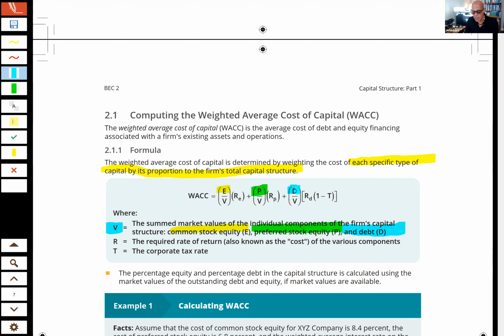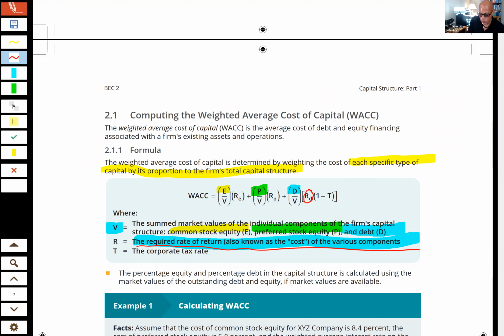Now, of course, debt carries with it what? Carries with it an interest rate. Okay, so R is the required rate of return. Now, that's not our required rate of return. That's the required rate of return of whoever we're getting that capital from. Okay, so in the case of debt, for example, the required rate of return is going to be the interest rate.